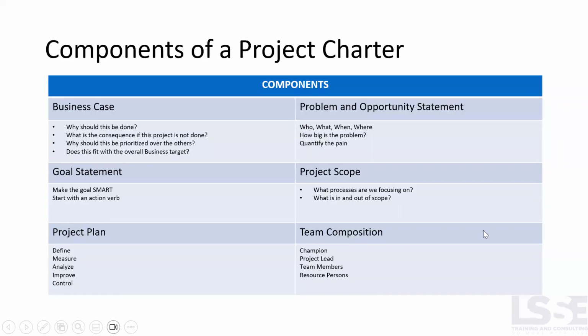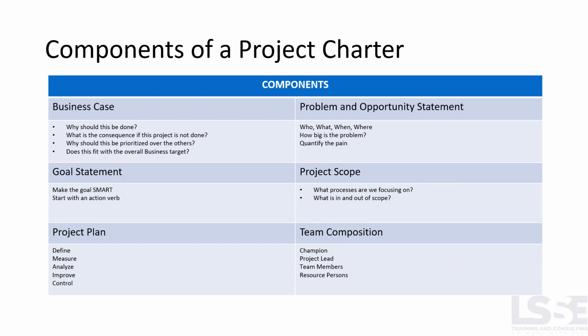Okay, so assuming that you are now running a full-blown Six Sigma project, you know that there's a problem in, let's say, your department, but you don't know what the drivers are, and you want to investigate. You come up with a Six Sigma project, and it would help if you have what we call a project charter. It's like a blueprint. It guides you on how you're going to tackle the project.